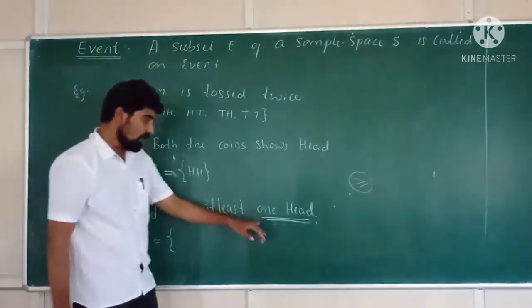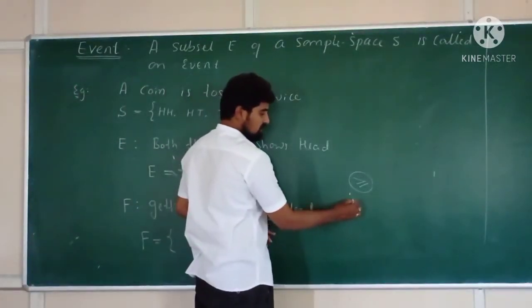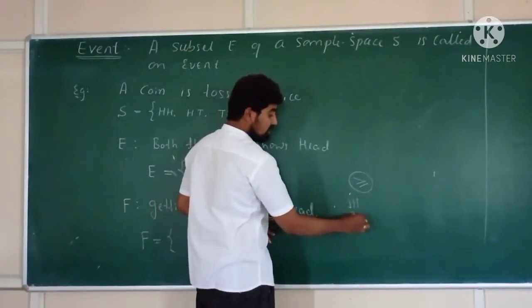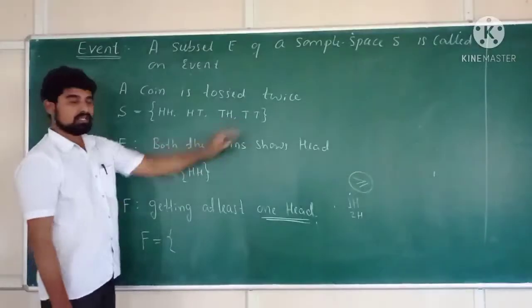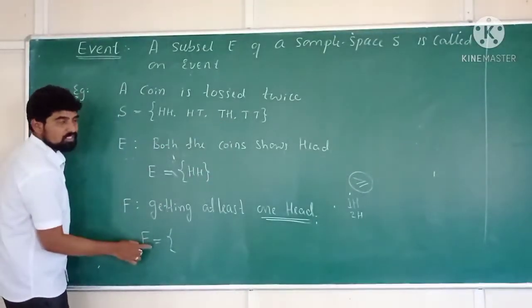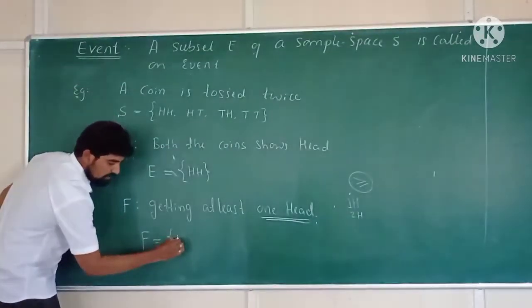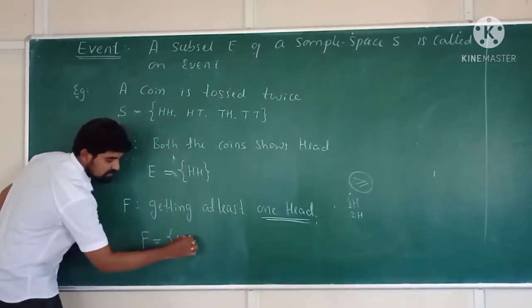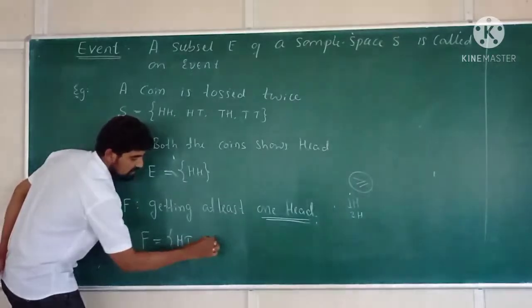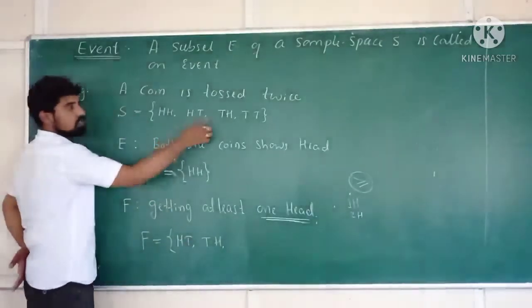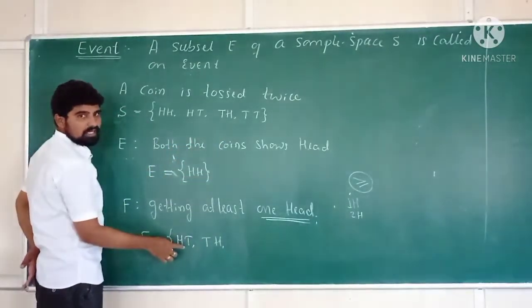At least one head means the outcome must consist of either one head or two heads, because the coin is tossed only two times. So the possible outcomes of the event F are one head, that is HT, this is one possibility, or TH is also a possibility. Only these two outcomes consist of one head.